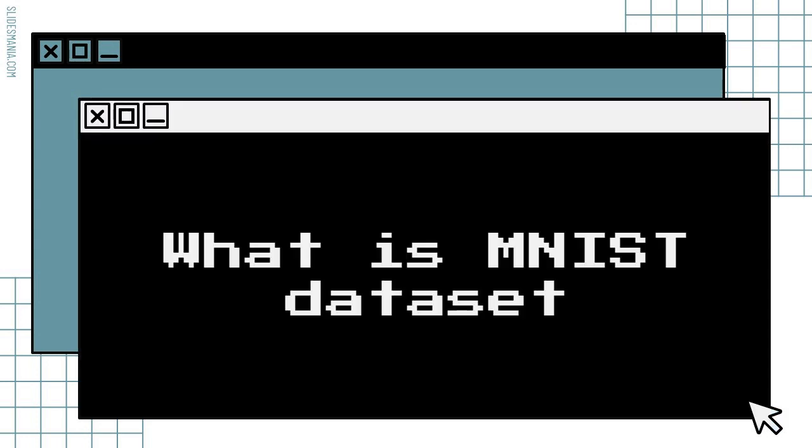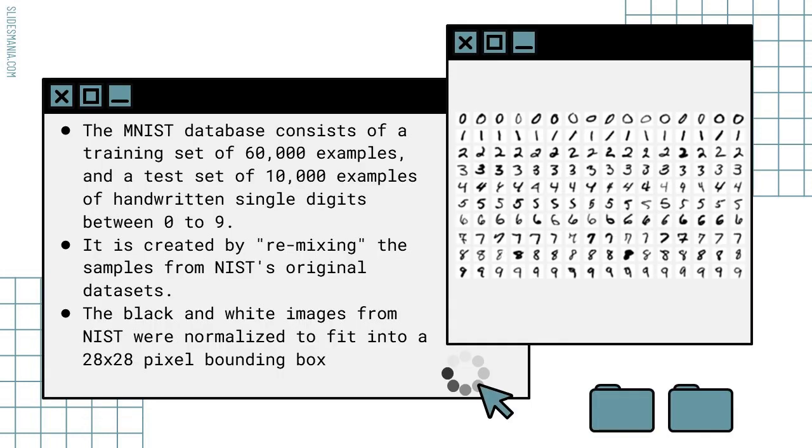What is MNIST database? The MNIST database, which stands for Modified National Institute of Standards and Technology Database, is a large database of handwritten digits that is commonly used for training various image processing systems. It was created by remixing the samples from NIST original datasets, which took its samples from American Census Bureau employees and American high school students.